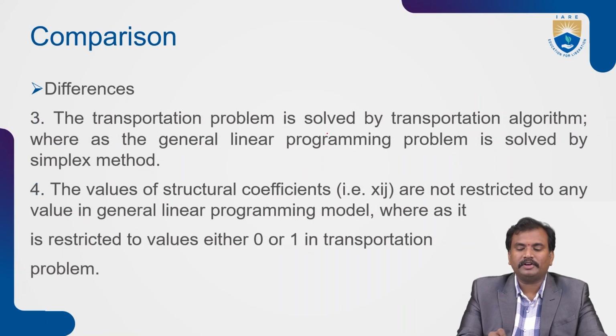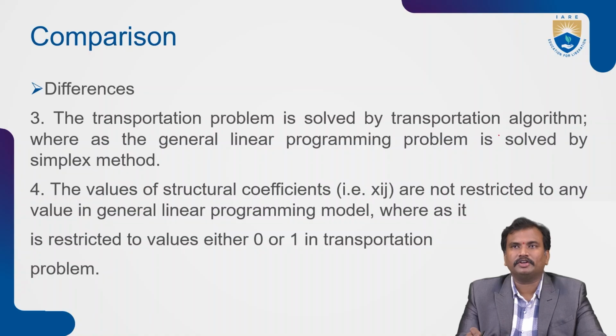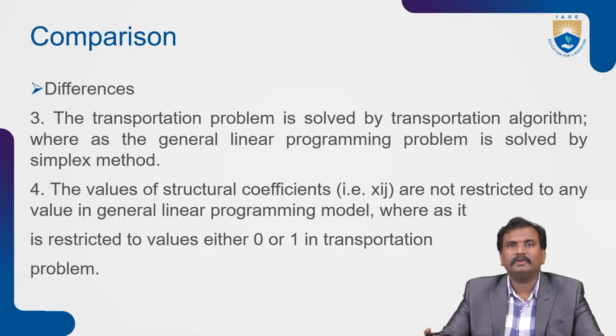The transportation problem is solved by the transportation algorithm, whereas the general linear programming problem is solved by the simplex method. So whenever we go with a transportation problem, we solve it using the transportation algorithm, and for a linear programming problem, we can easily solve it using the simplex method.